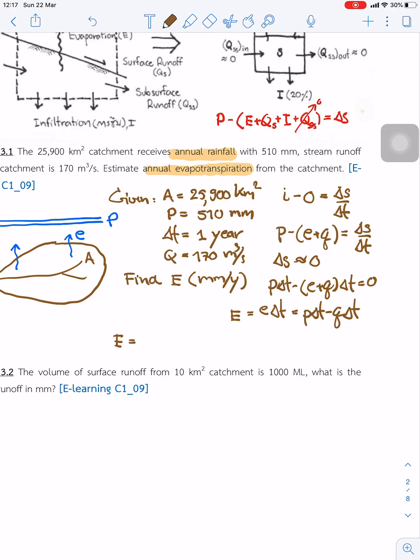The evaporation is already in terms of the year, so we can write rainfall is 510 millimeter per year.